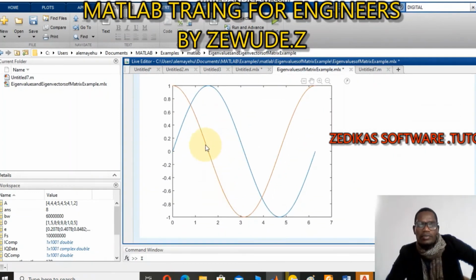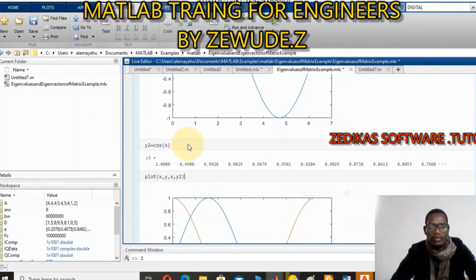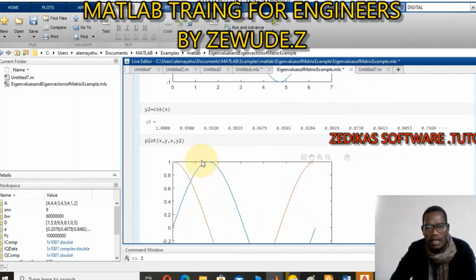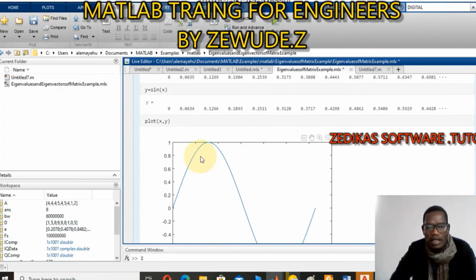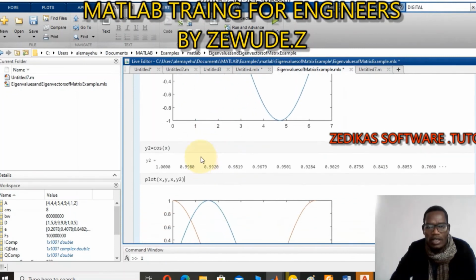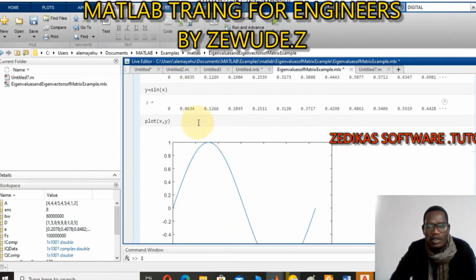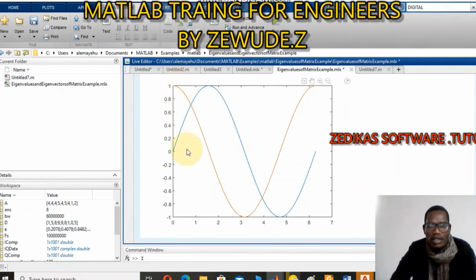Look here. This is what I wanted to present to all of you at the very beginning. The topic is how we can draw two different functions in a single graph. The first function is this line, and the second one is the red one.